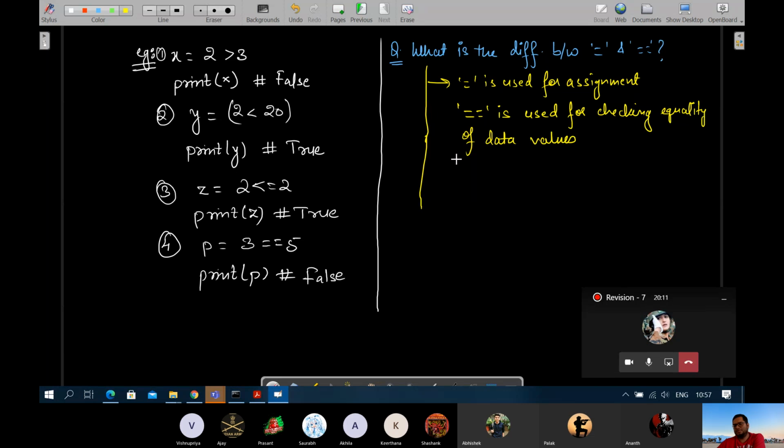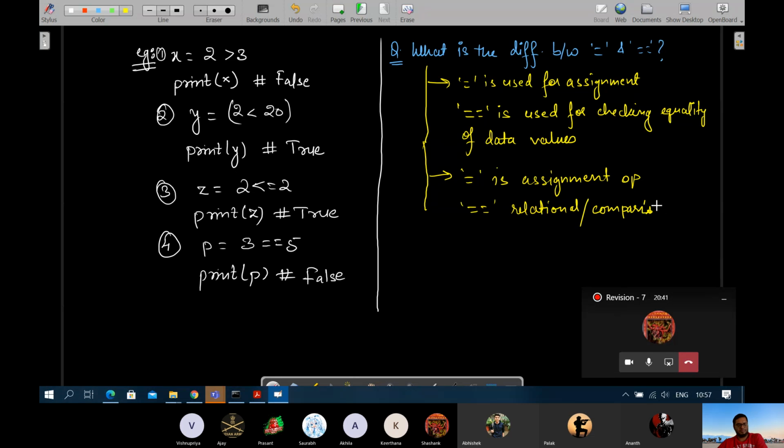Another difference, single equals to is assignment operator. Okay, double equals to is relational or comparison operator. Okay, fine.